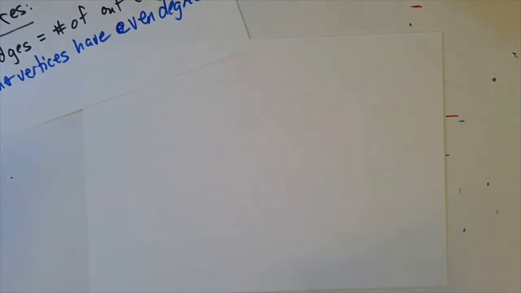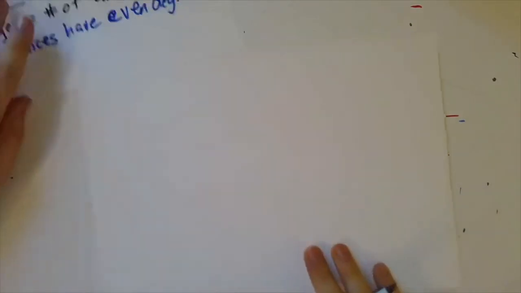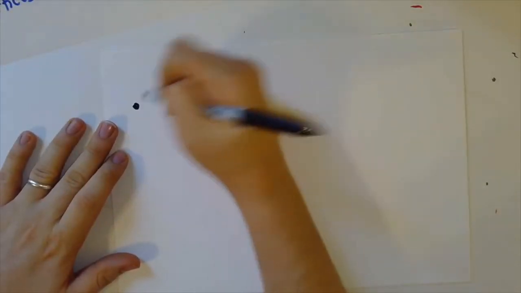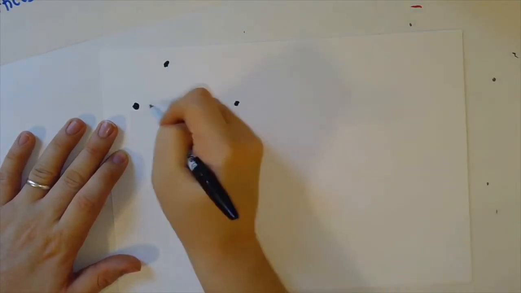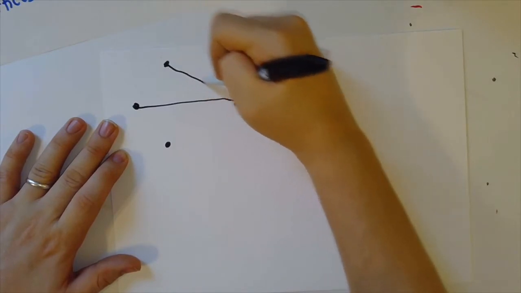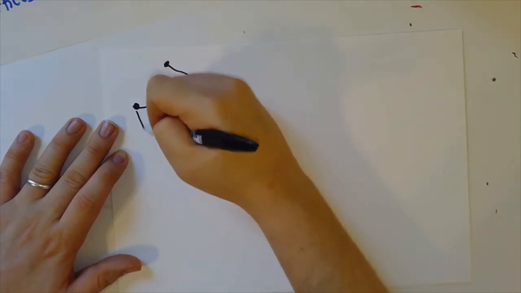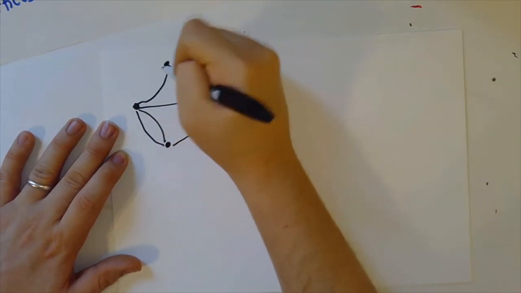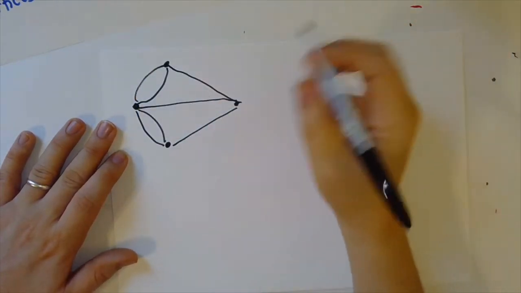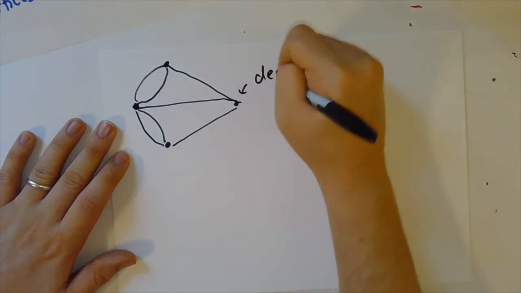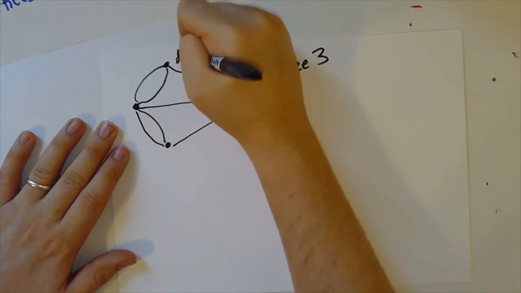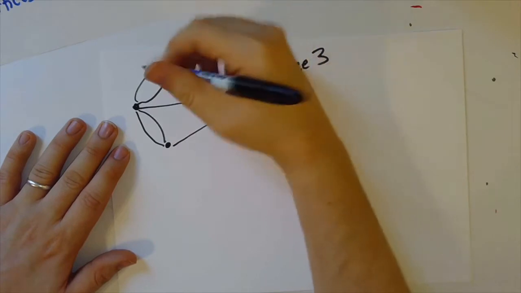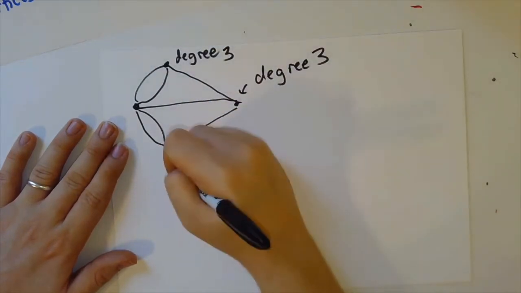Okay. So I want to go back. I want to redraw the graph of the bridges of Königsberg. And so it looked like this. Okay, and I want to count the degree here. So this is degree 3. This up here is degree 3. This is degree 3.